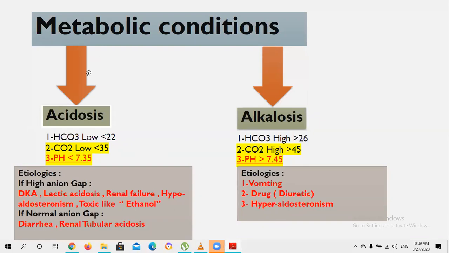These two metabolic conditions are either acidosis or alkalosis. Acidosis: pH less than 7.35; here pH more than 7.45. Next, you look at the carbon dioxide: it's less than 35 in acidosis, and in alkalosis more than 45.